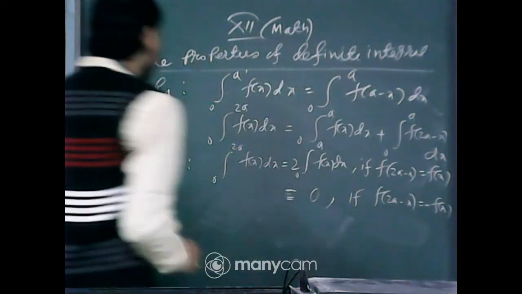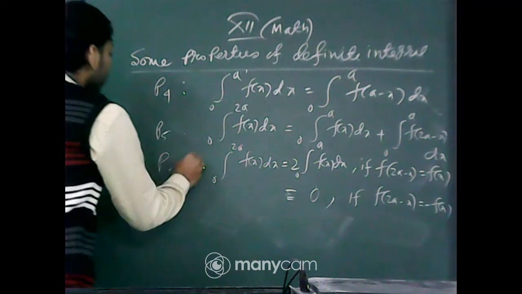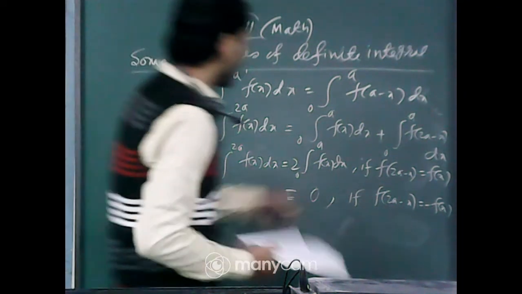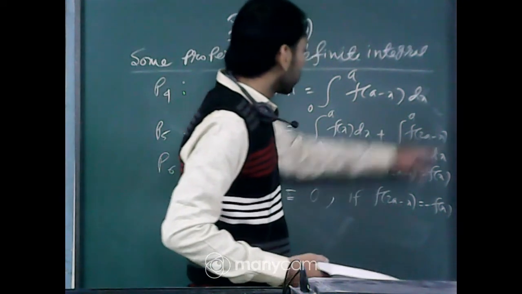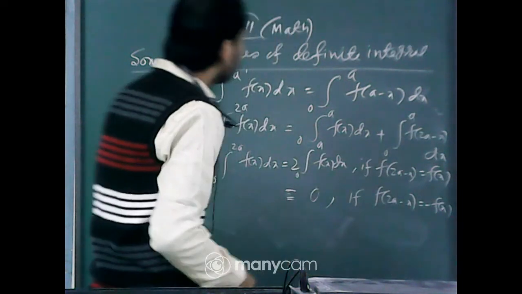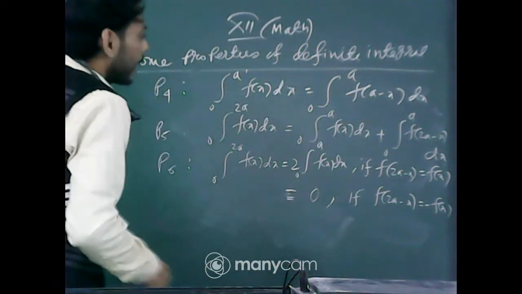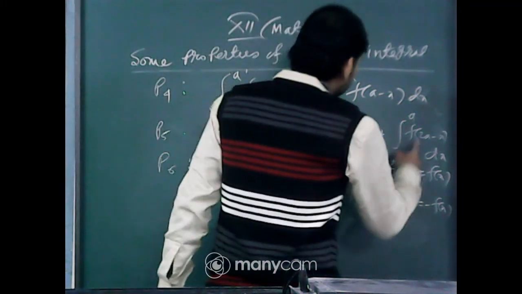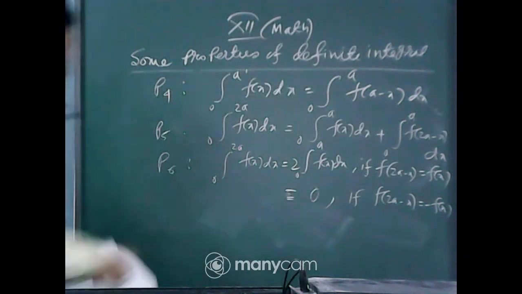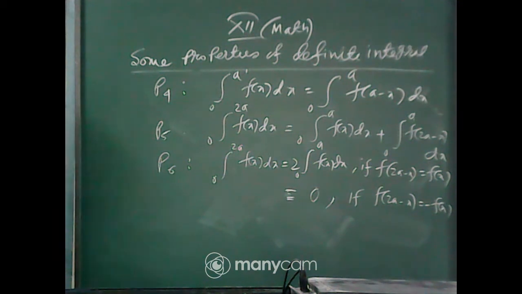So from P5 it can be easily proved. Just put for the first case f(2a minus x) equals f(x), then it will give you twice integration 0 to a f(x), and if you put minus f(x), it will give you 0. That is our property number P6.